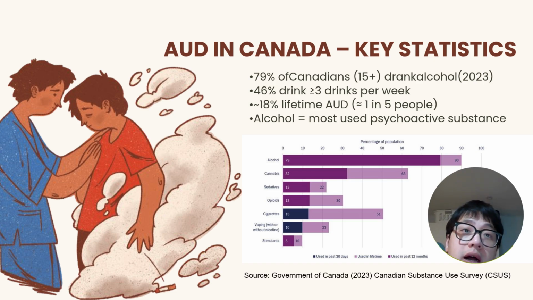While that might sound low, when we look at the lifetime prevalence, nearly 18% of Canadians, that's one in five people you meet, will meet the clinical criteria for AUD at some point in their lives. As a nurse, this means 20% of our patient population is potentially struggling with this, whether they are admitted for it or not.